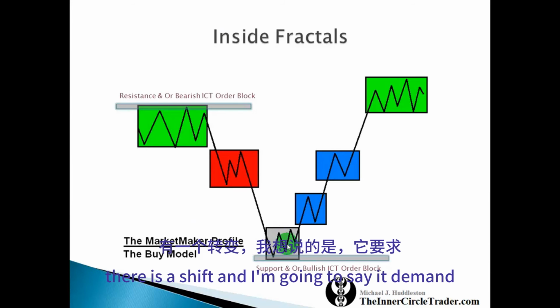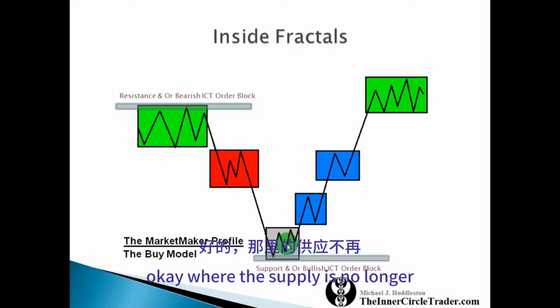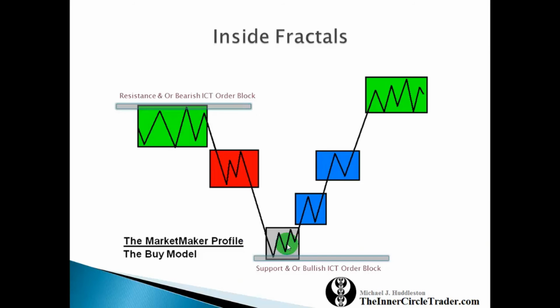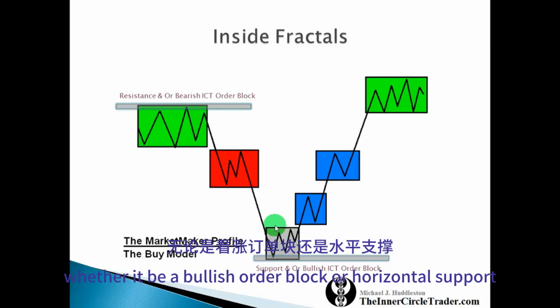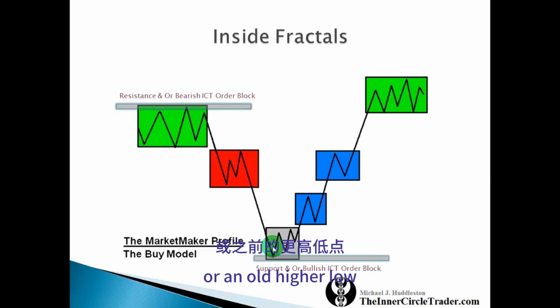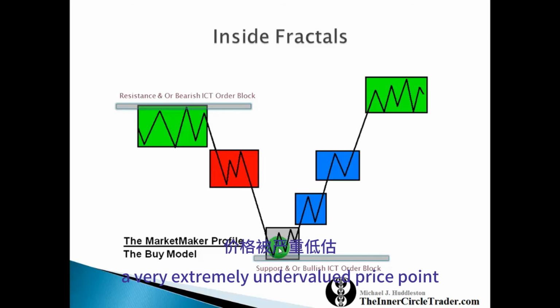There's a shift in, and I'm going to say it, demand, where the supply is no longer greater than the buying interest. So this level down here, whether it be a bullish order block or horizontal support or an old high or low, this area is viewed as an extremely undervalued price point.